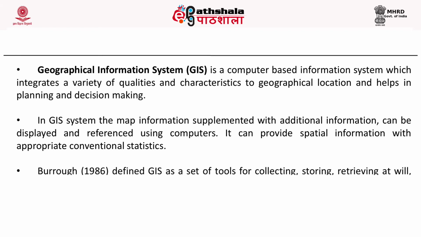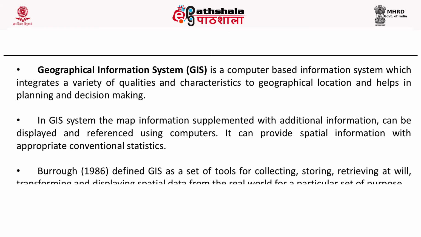It can provide spatial information with appropriate conventional statistics. Burrow defined GIS as a set of tools for collecting, storing, retrieving at will, transforming and displaying spatial data from the real world for a particular set of purpose.